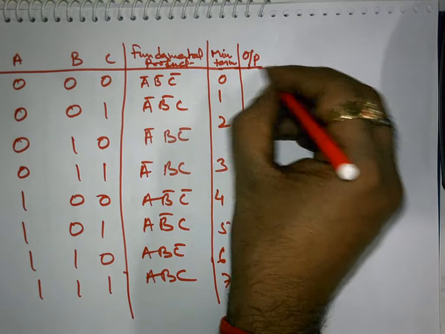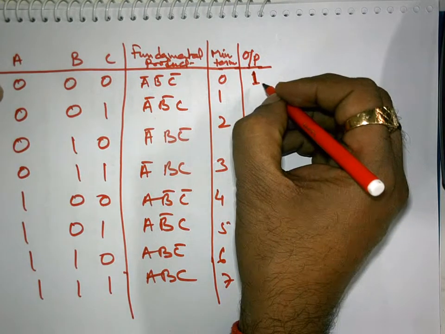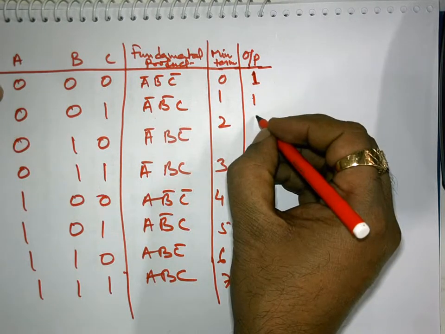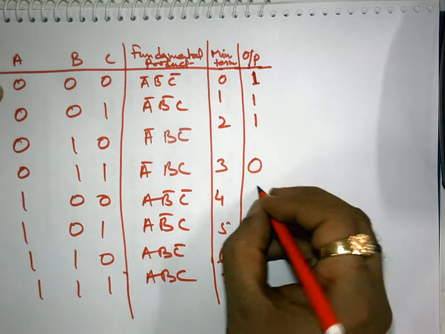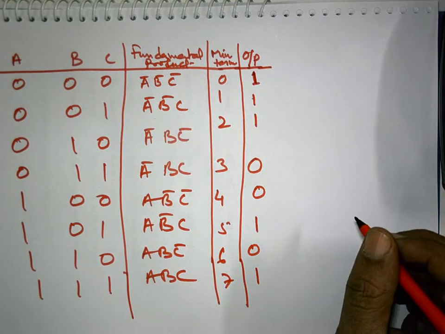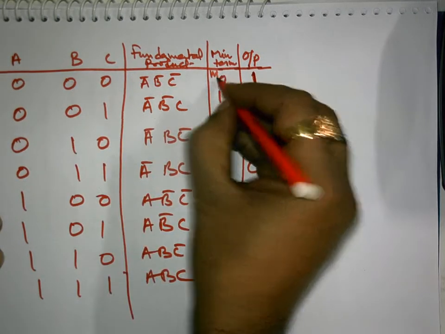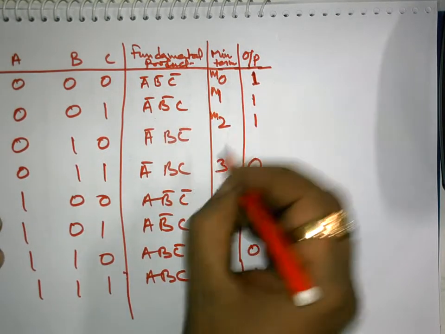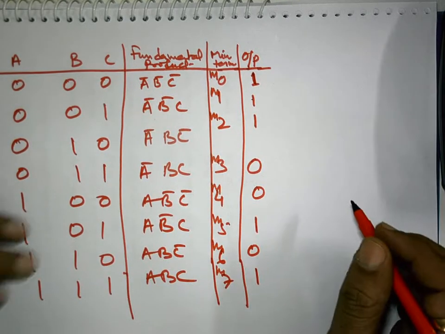And the output that you desire, you wish the output to be equal to 1 for this combination of input, 1 for this combination of input, 1 for this combination of input, and 0 for this combination, 0 for this combination, 1 and 0 and 1, like this. And suppose if you have to map this truth table in a K map, how will you map? You can say that this is M0, this is M1, this is M2, M3, M4, M5, M6 and M7.